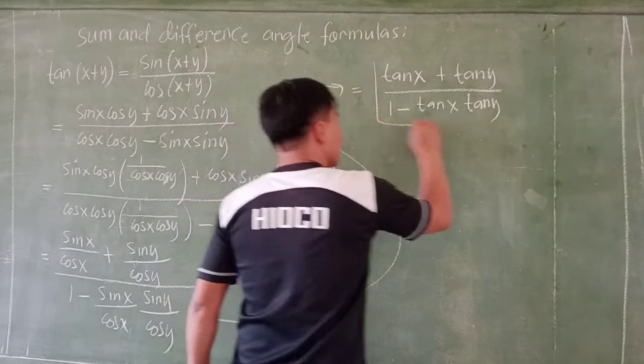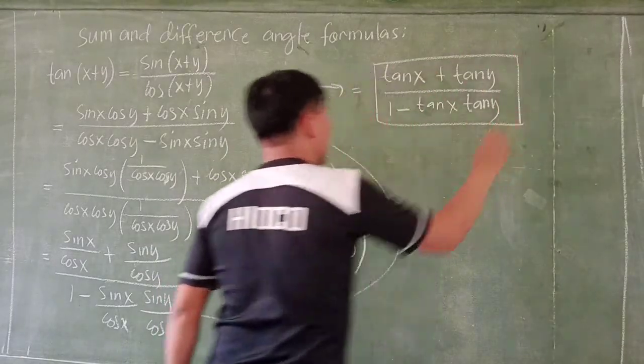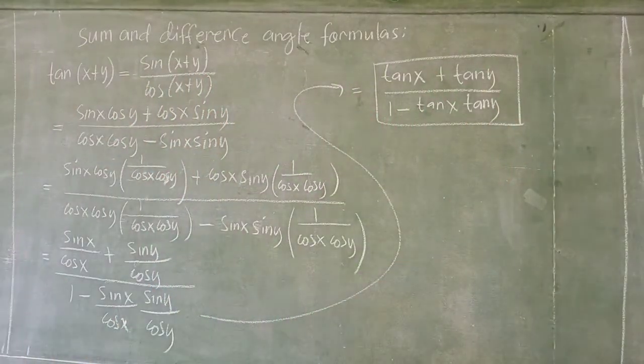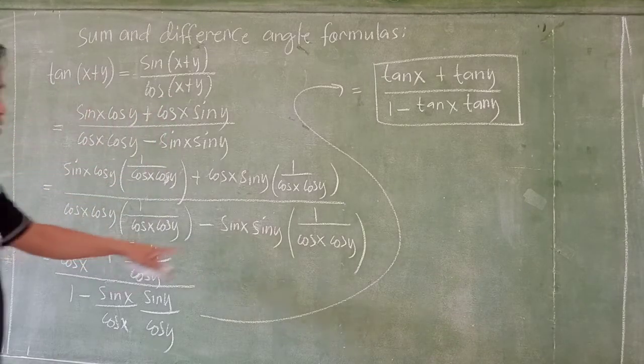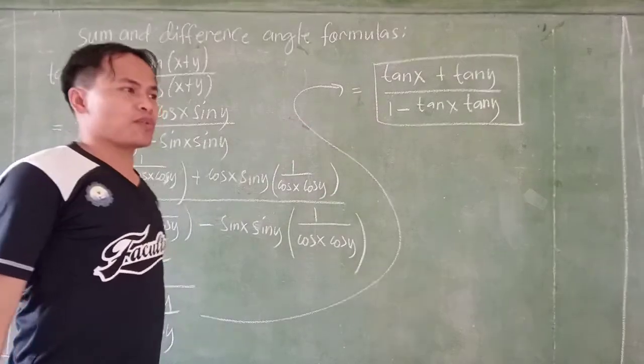So this one is the formula for the tangent pertaining to the sum. So this is for the sum, and we can use this formula.